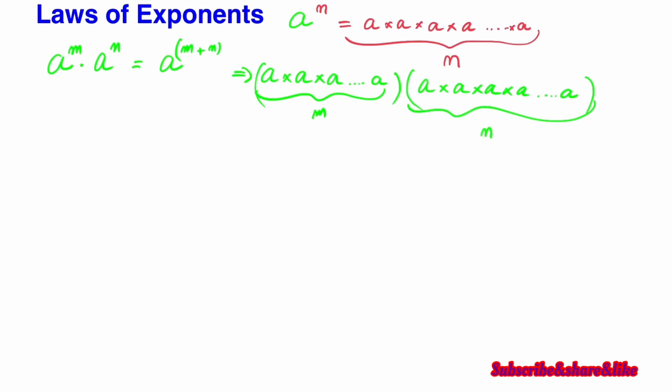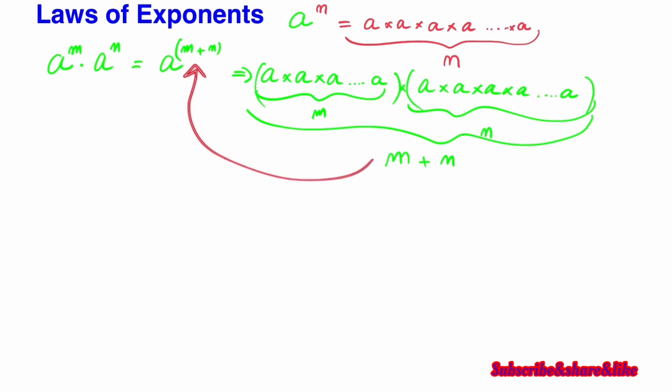Multiplying them gives m plus n times, therefore it is a to the power m plus n.